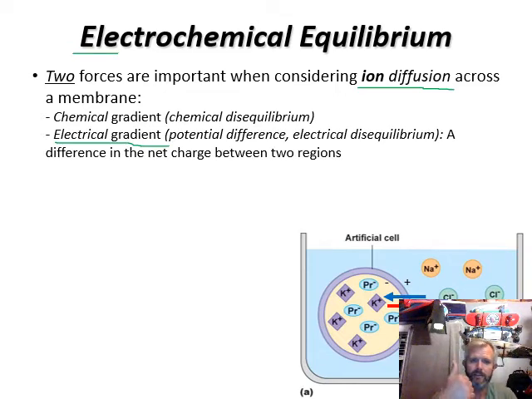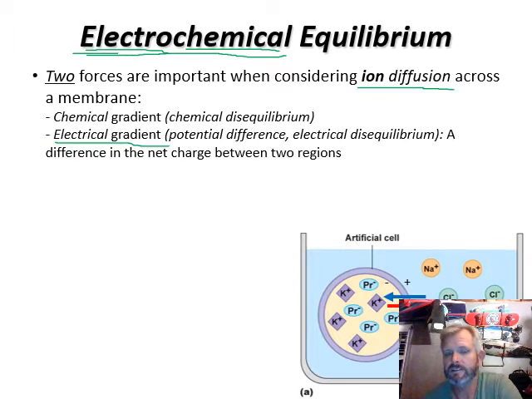So we have a chemical gradient and an electrical gradient, and so we have an electrochemical gradient, and we're going to see these ions can move due to this electrical force and chemical force, both having an influence on the movement of ions, and it's going to allow us to figure out what's called the electrochemical equilibrium.